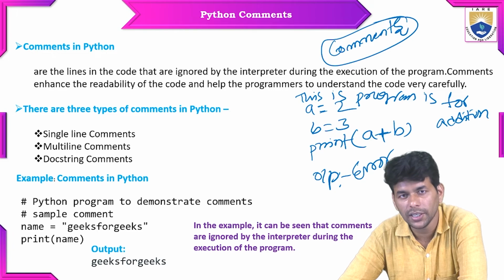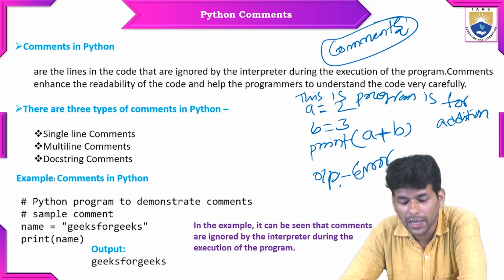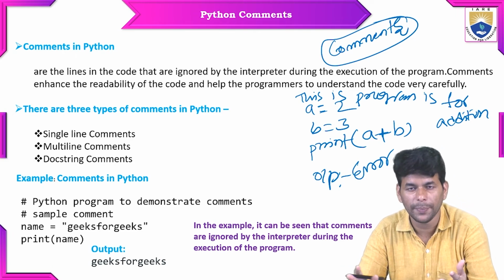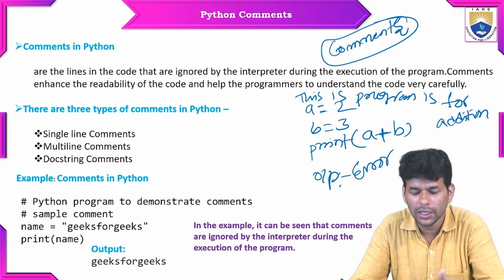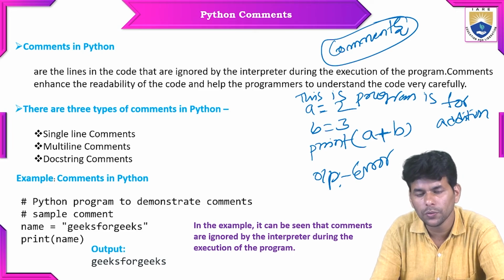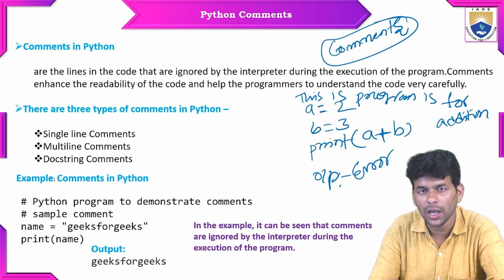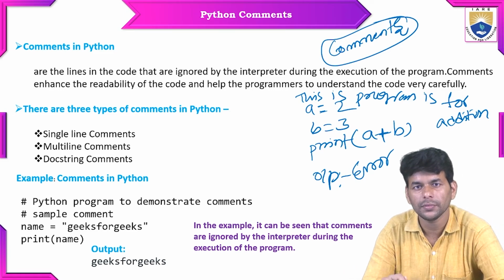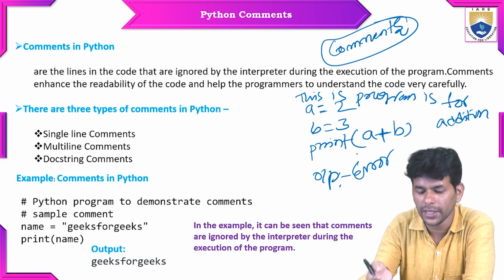What is the difference you are getting? Let us assume there is no commenting, no hash symbol in my program. So: this is the program for addition, a equal to 2, b equal to 3, print of a plus b, and the output is an error. Then what happens? Very simple, you will get one error here.